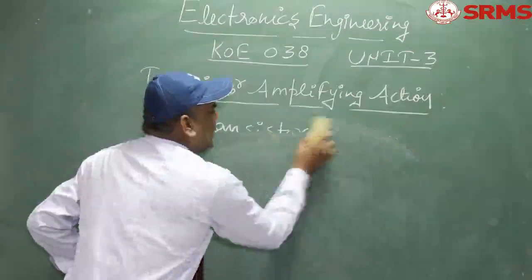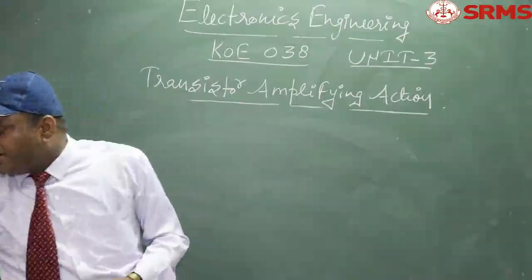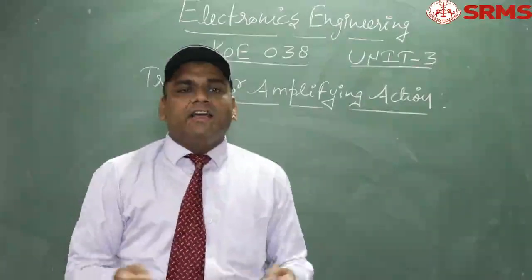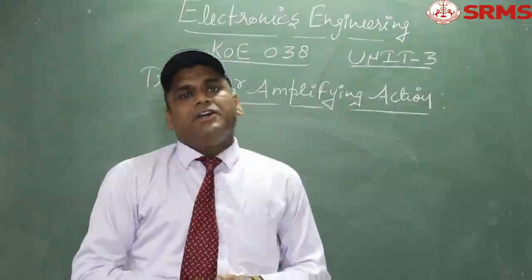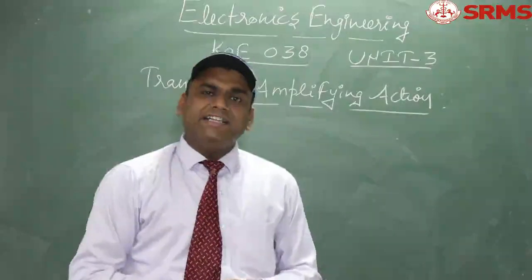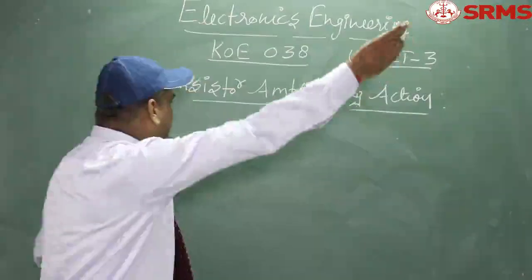For the sake of simplicity, we will understand the working of the amplifier with the help of the common base configuration, in which the base is common for the emitter as well as the collector terminal. So I am going to draw the circuit of the transistor amplifier.